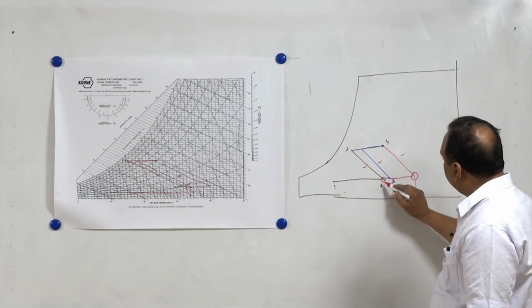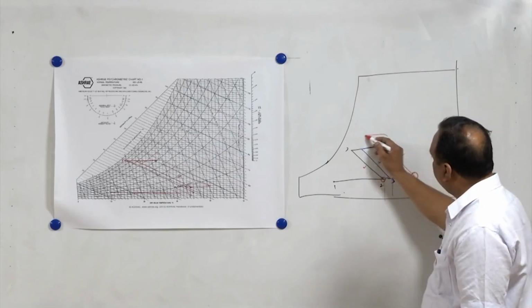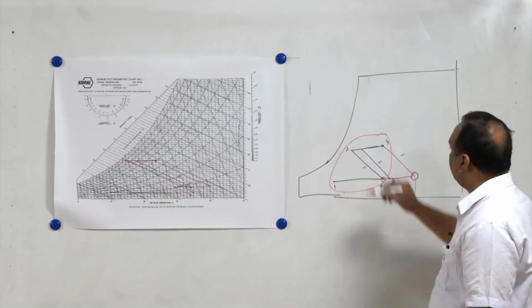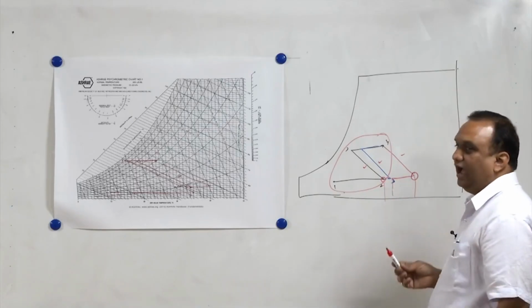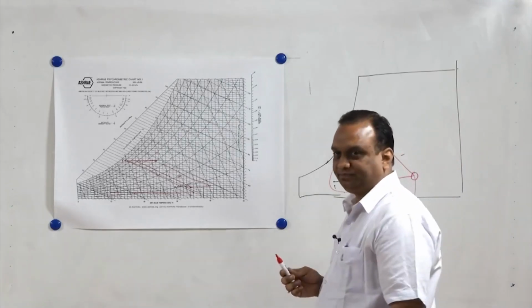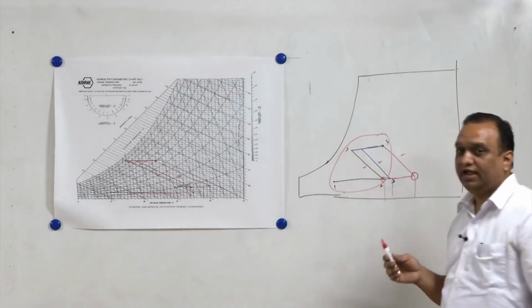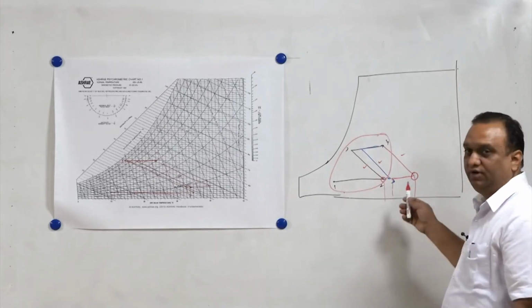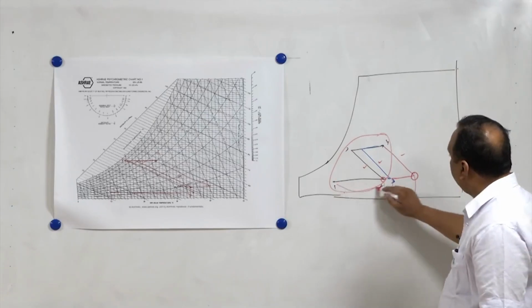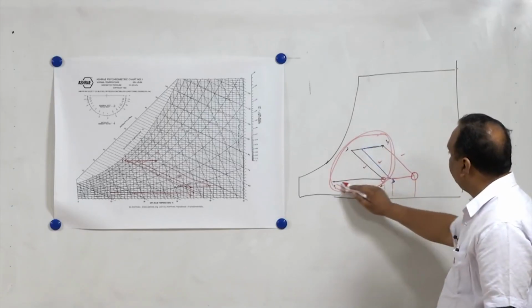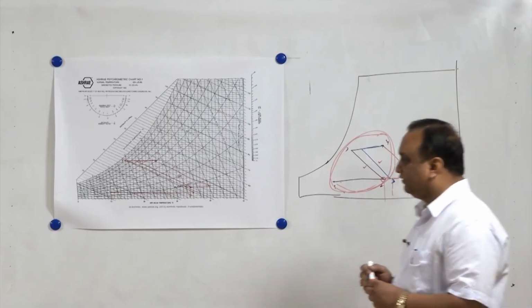So, this process 1, 2, 3, 4 is confined to the low temperature, right. The moment we are shifting to this side, high capacity heaters will be required. Now, high capacity heaters will definitely consume more energy. So, definitely this process 1, 2, 3, 4 is the preferred process in this case.